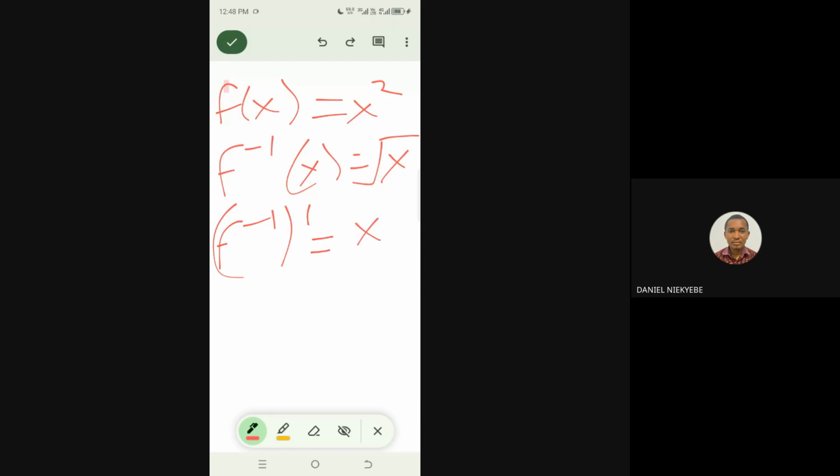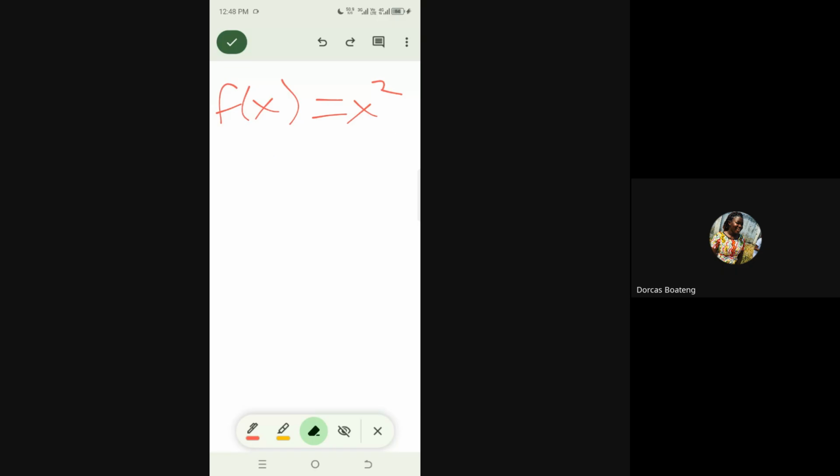We can rewrite it like this and the derivative is going to be 1 over 2 x to the power of minus 1 over 2. And this is the same as 1 over 2 root x. Do we agree? Yes, please. All right. But the question said we should use the formula, so we would go through the formula and solve it.